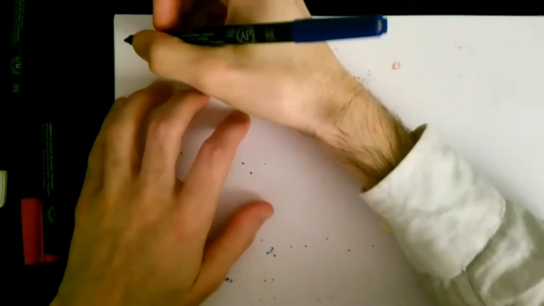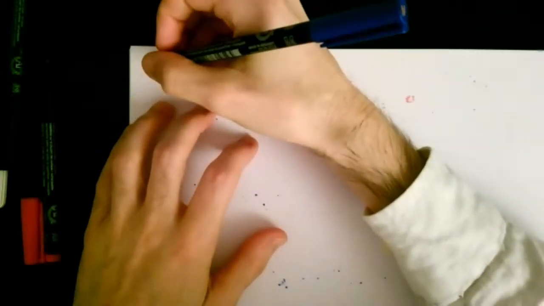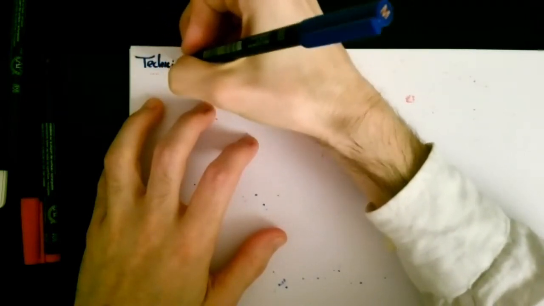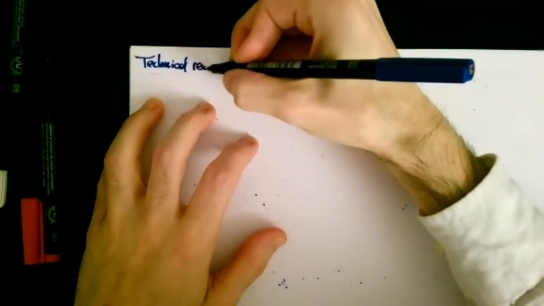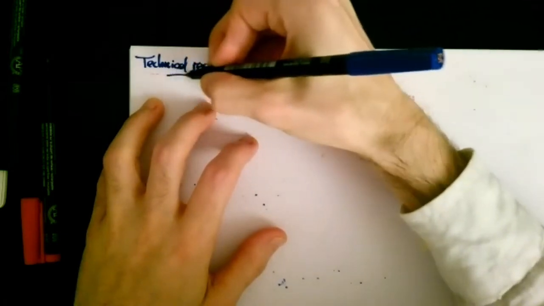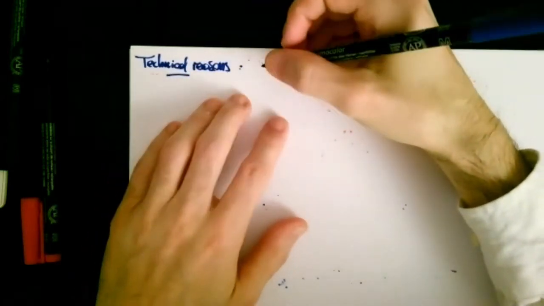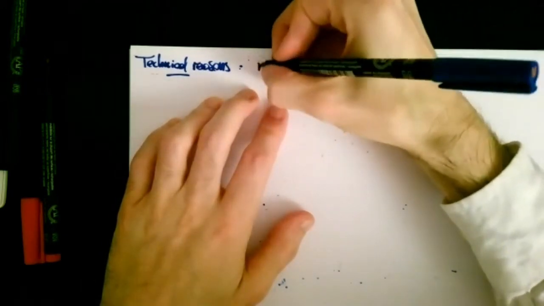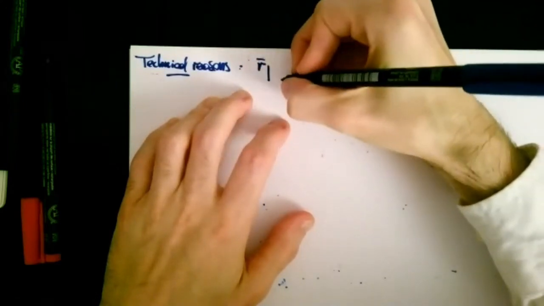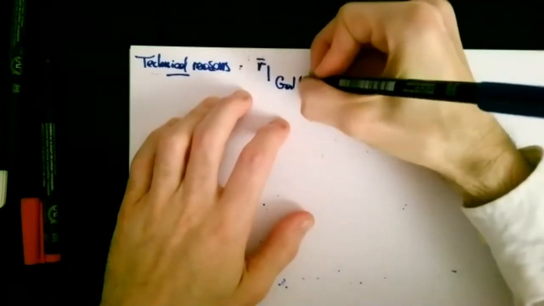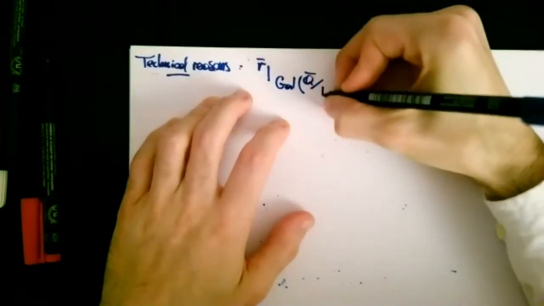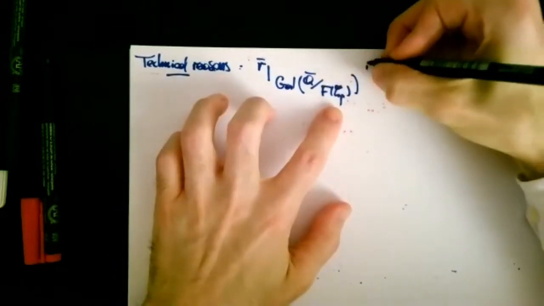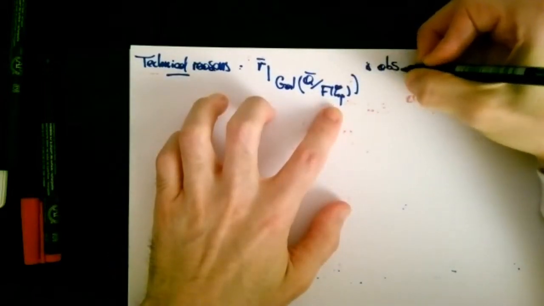All right, so now let's go to the Galois representation. So now, for technical reasons, we have to assume that rho bar restricted to the Galois group of F adjoined the primitive p-th root of unity is still absolutely irreducible.